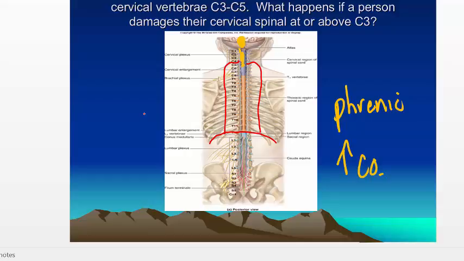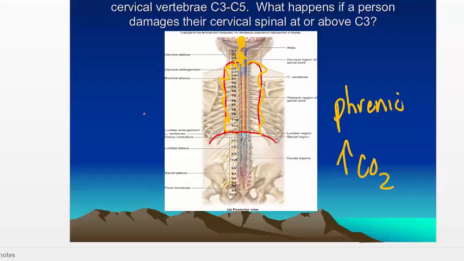Now, with this increased production of carbon dioxide, respiration isn't immediately increased. So CO2 will begin to build up in the arterial blood, and that will stimulate the medulla to produce an electrical impulse that will travel down both the right and left branch of the phrenic nerve.